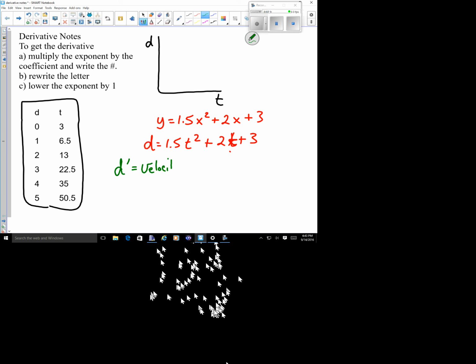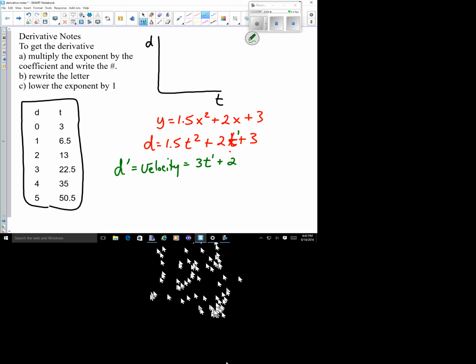Then do the second term. 1 times 2 is 2. The t gets lowered to the 0 power, so it goes away, and you're left with 3t plus 2. If I want to find out how fast I was going after 1 second, all you do is put in a 1 for the t. So I take 3 times 1 plus 2, and that means I'd be going 5 meters per second. Once again, the first derivative gives you velocity.